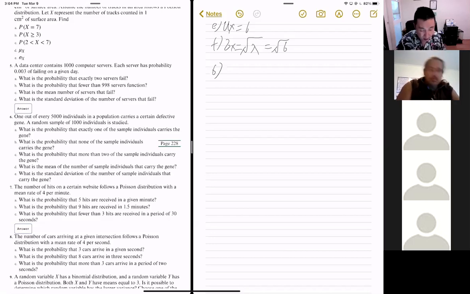And X is the number of people in a sample carrying that defective gene, out of 1,000 Bernoulli trials, because we can think of this experiment as 1,000 Bernoulli trials.